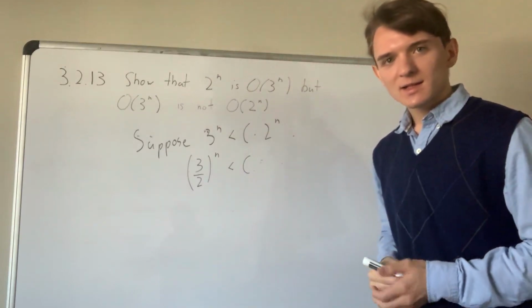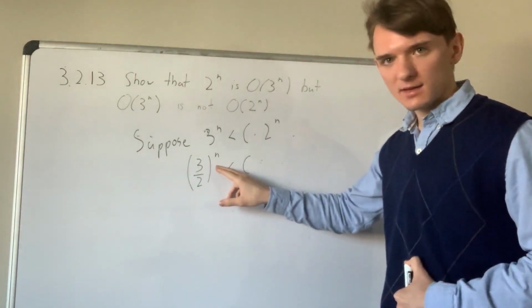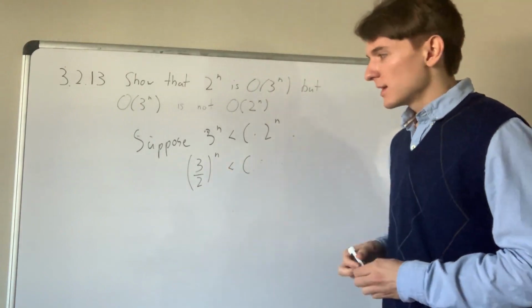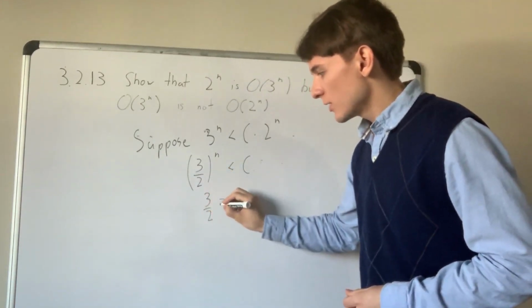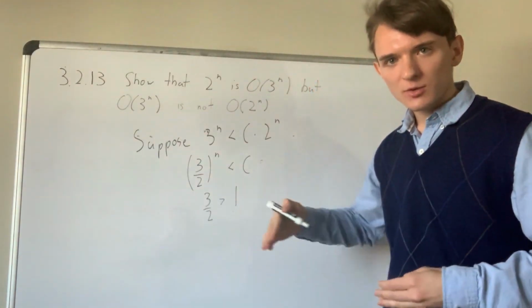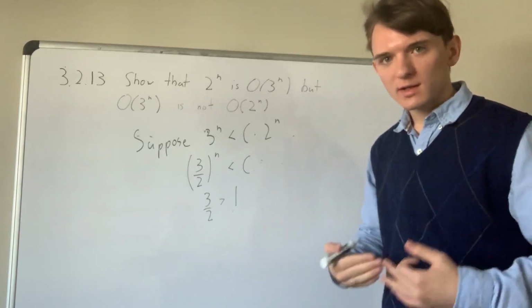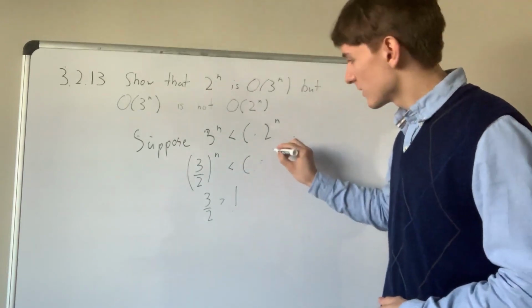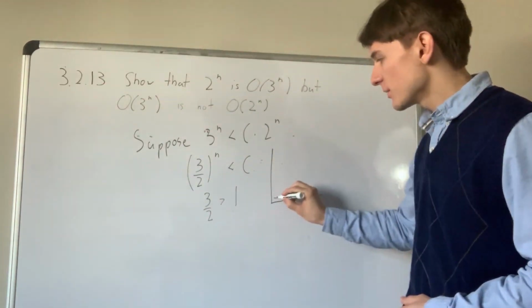But we can see that no matter what value we plug into n, since 3 over 2 is greater than 1, this is going to cause this expression to grow more quickly and more quickly. So we could graph it. Let's say that 3 over 2 to the power of n looks something like this.